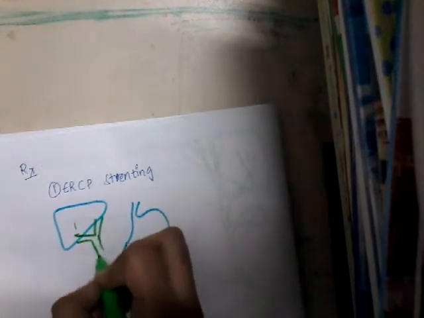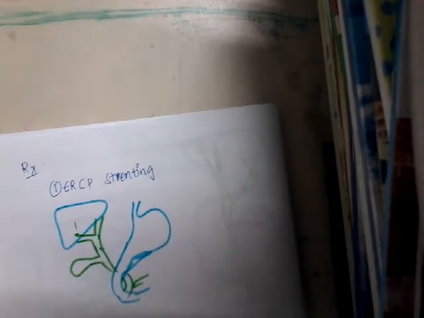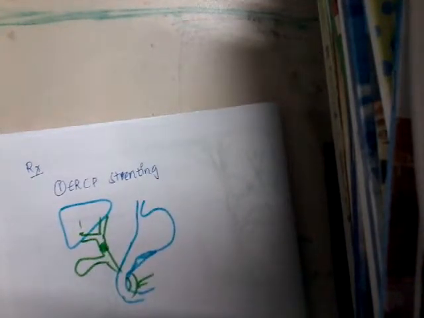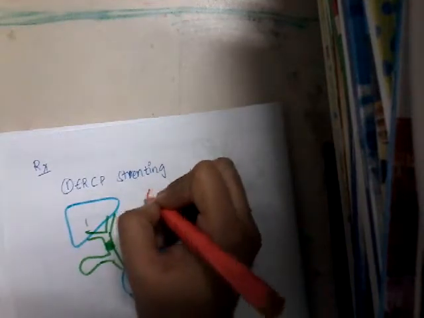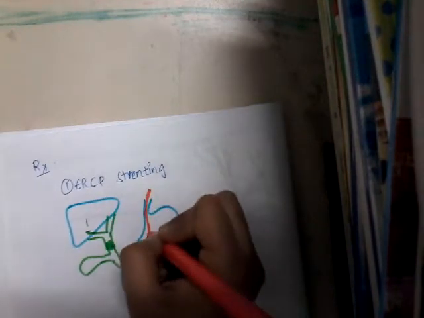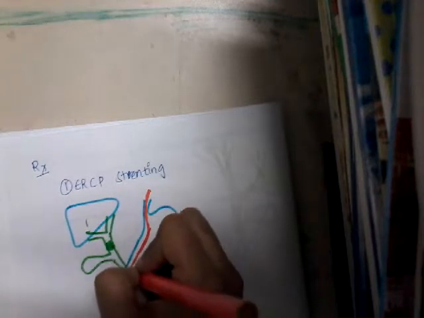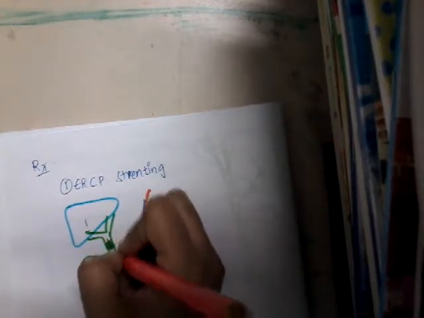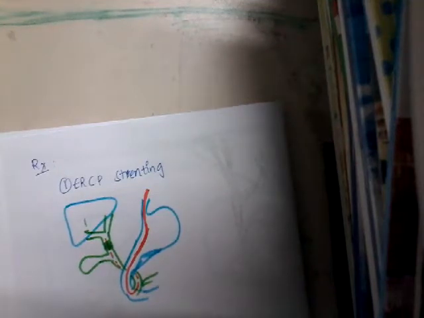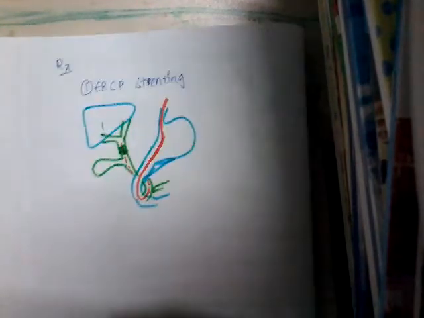You will approach the strictured part. Think that here there is a stricture. So this strictured part you will approach through endoscopic retrograde cholangiopancreatography, and then you will keep a stent here. Okay, so that is ERCP stenting.